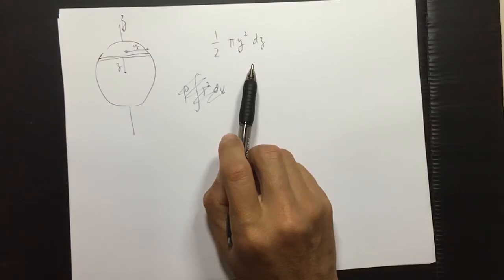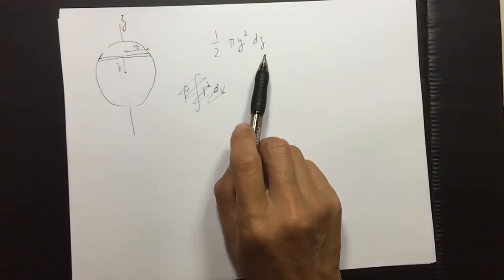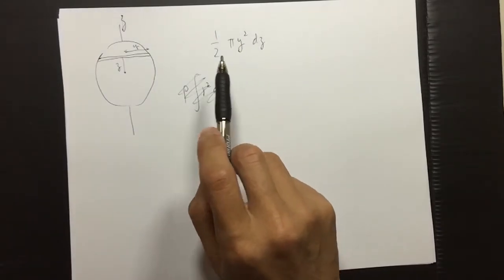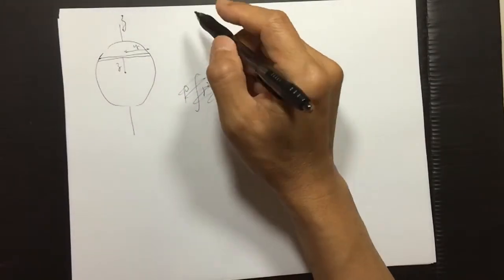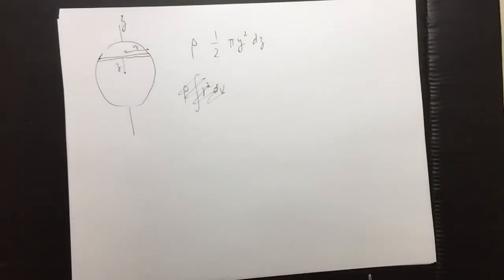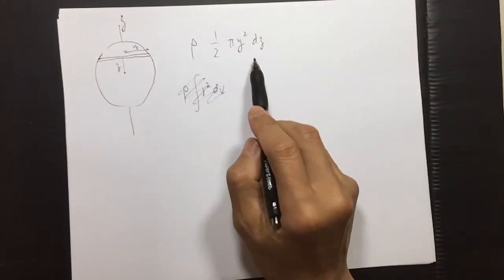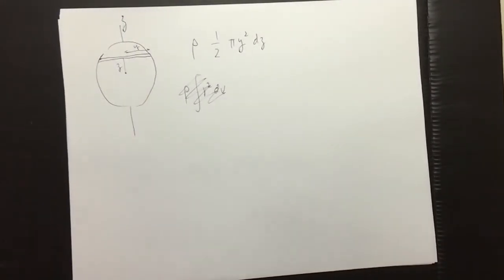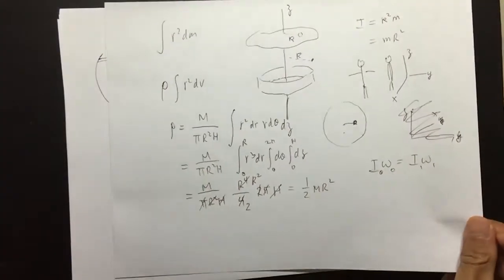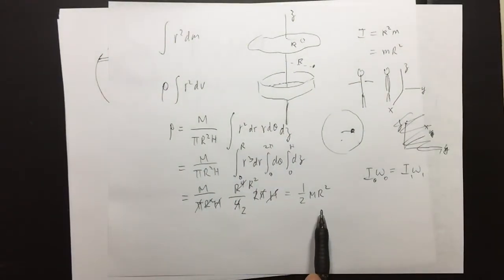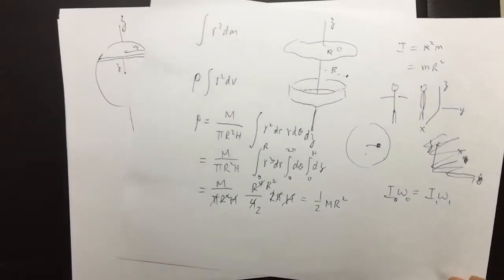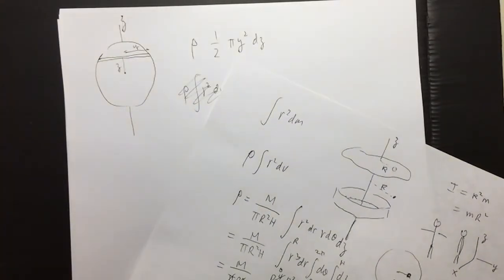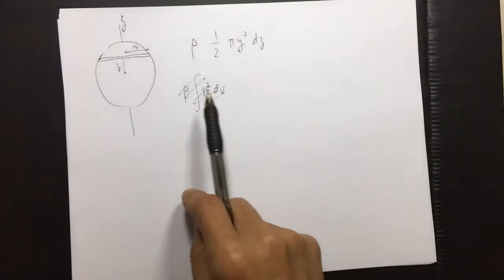Pi y squared dz. This is the volume of this little thing. You times rho, this becomes the mass. Now we know that this is half m r squared, where this m is dm essentially.